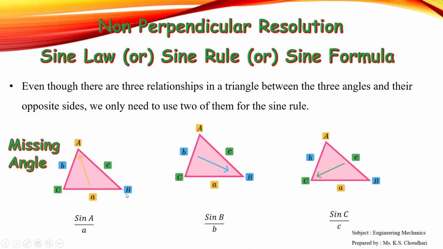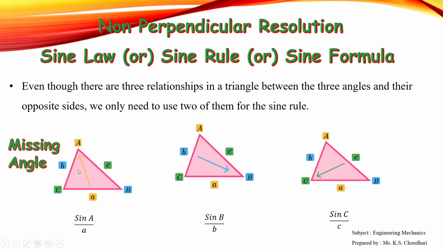A, B, C are the points and also act as the angles, A here, C here, and B here. And small a, b, c denote the sides of it. Side a is between B and C, b is between A and C, and c is between A and B. These are the sides of it.